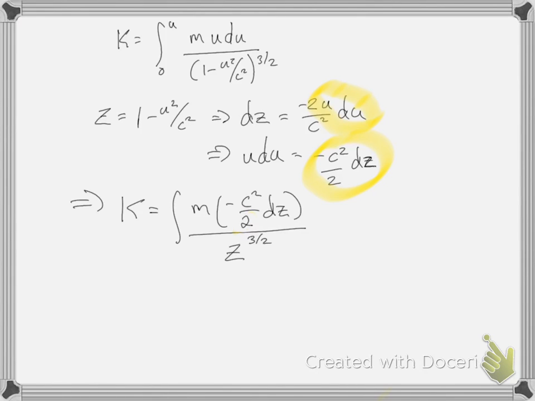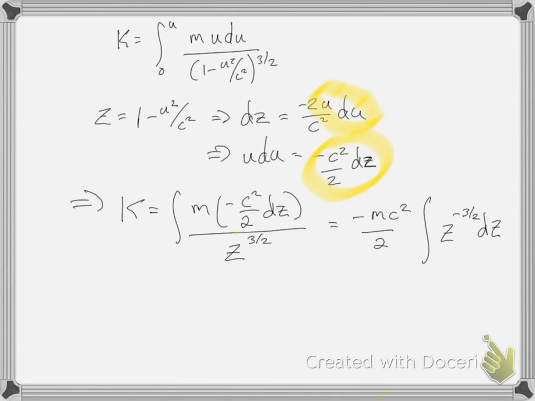Now this is a pretty easy integral to do. We pull the constants out: we've got minus m c squared over 2 times the integral of z to the minus 3/2 dz. Wow, the integral just became a lot easier to do.